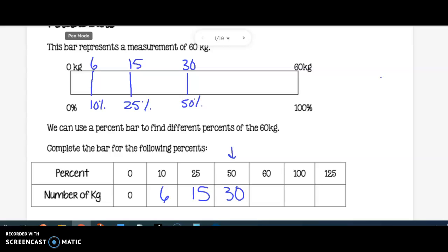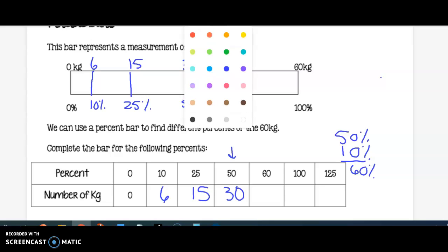Next comes 60%. So I'm going to draw in a line for 60%. And the way to get to 60% is I am going to take 50% and add it with 10% to get 60%. So, let's see here.